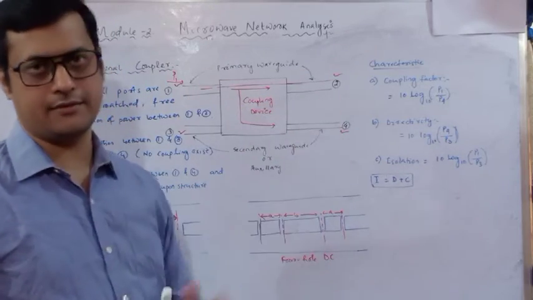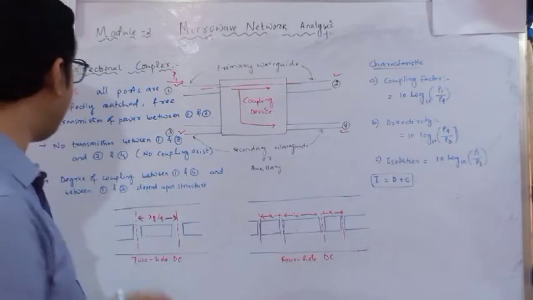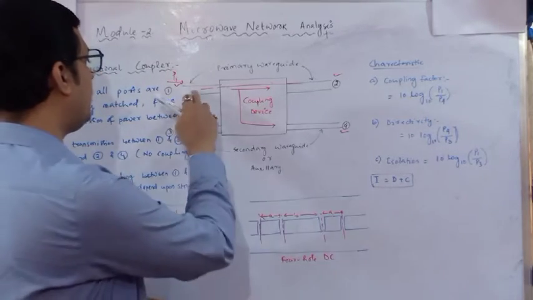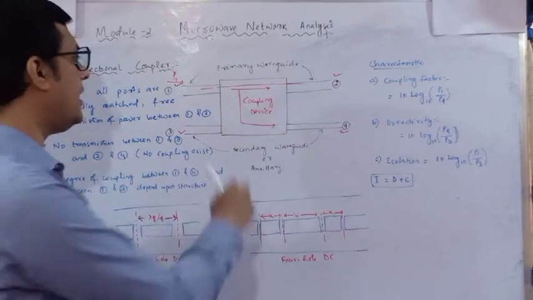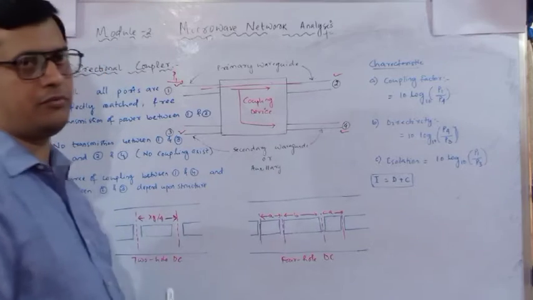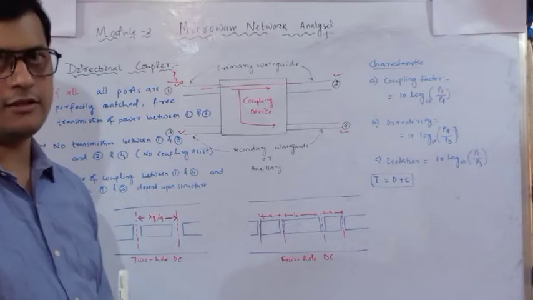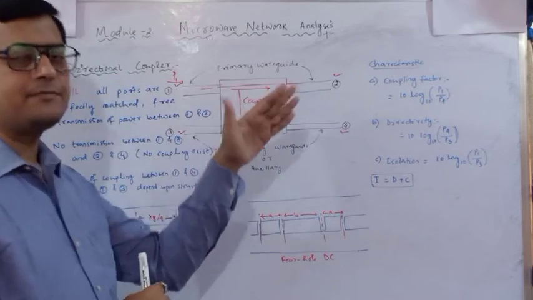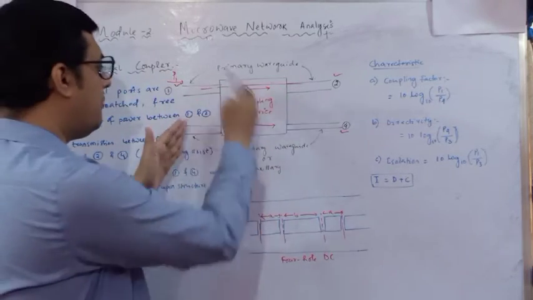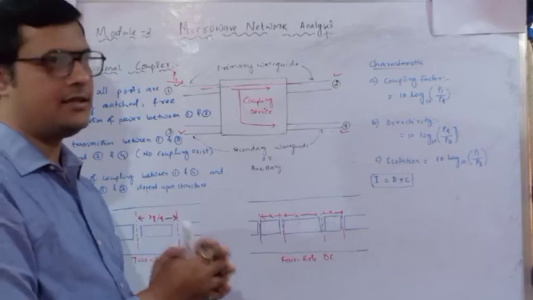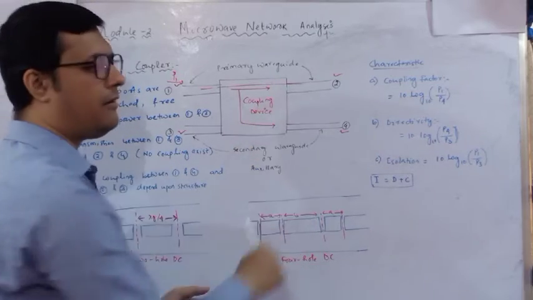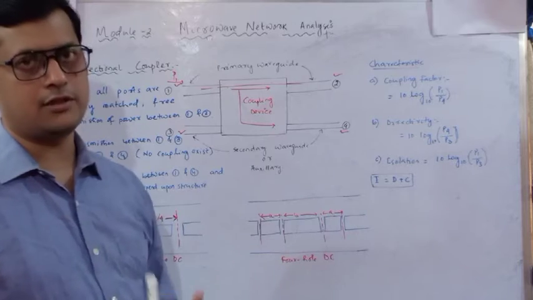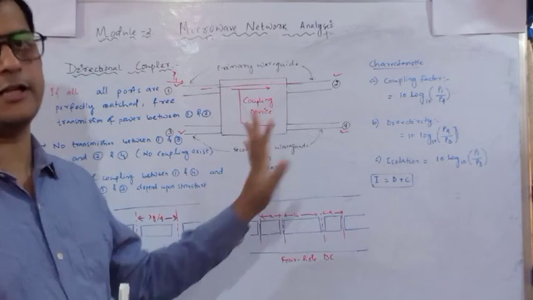Second, there is no transmission between port 1 and port 3, and between port 2 and port 4. These are isolated. If port 1 is fed with power, no power is available at port 3. Similarly, if output power is available at port 2, there is no link between 2 and 4. This is the working principle of the directional coupler.